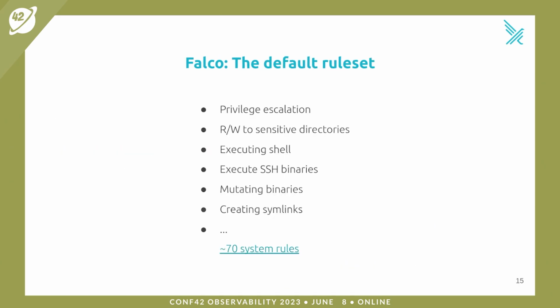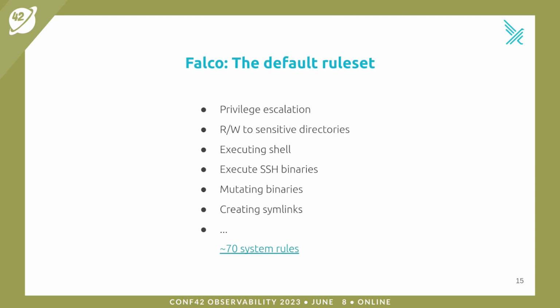Even if the rules are really convenient and easy to read, we know it would be complicated to create new rules. This is why Falco comes with a default ruleset.